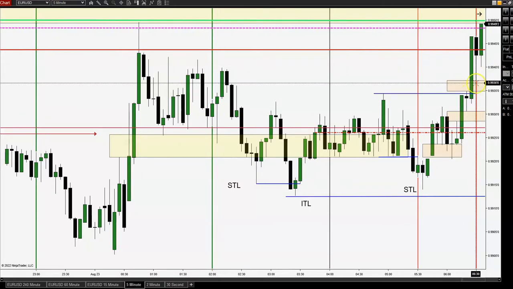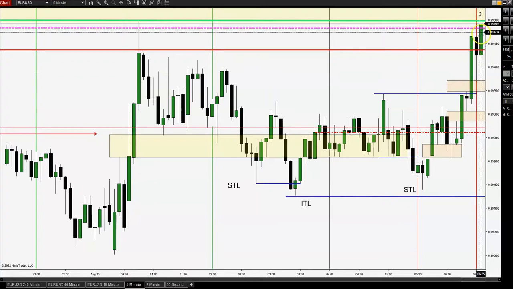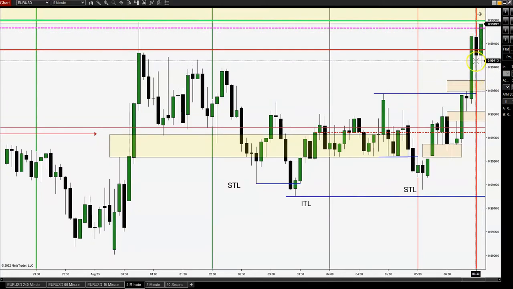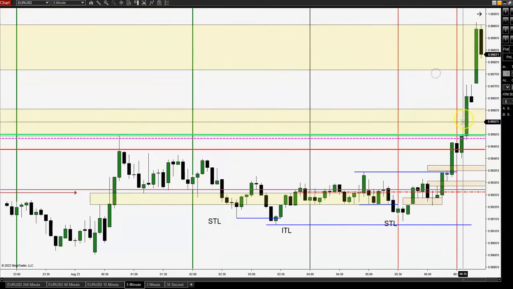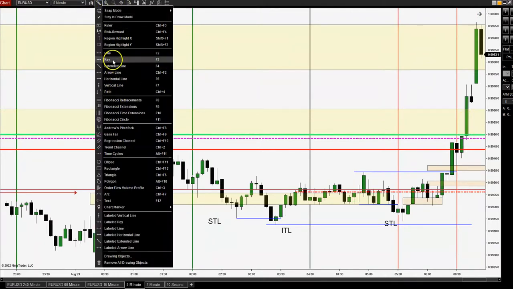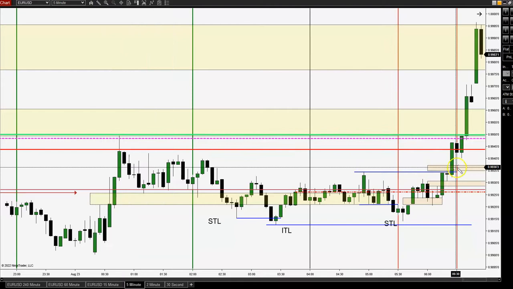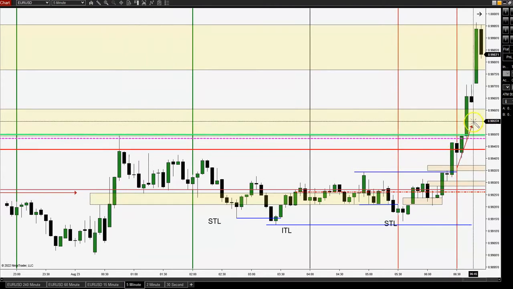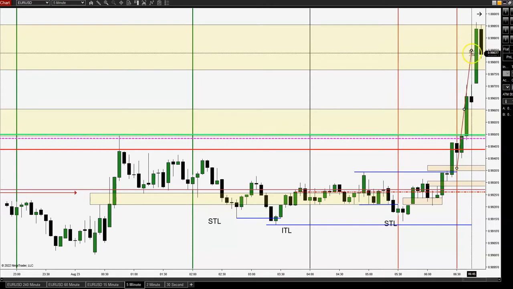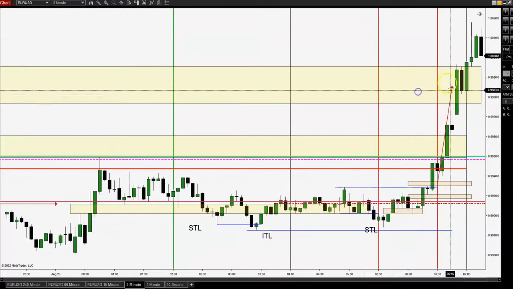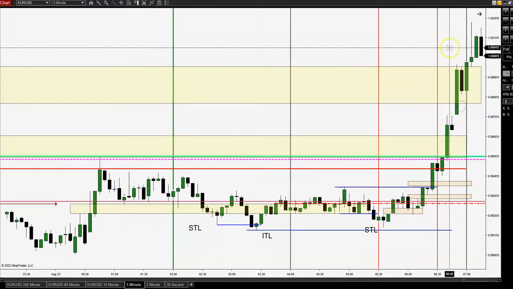It created a fair value gap, but this thing did not have enough mustard to get into the fair value gap and allow me to take some profit. To me, that would have been perfect: get in, buy here, take some profit here, and leave the rest running for target twos on this other 60-minute fair value gap. That would have been amazing.